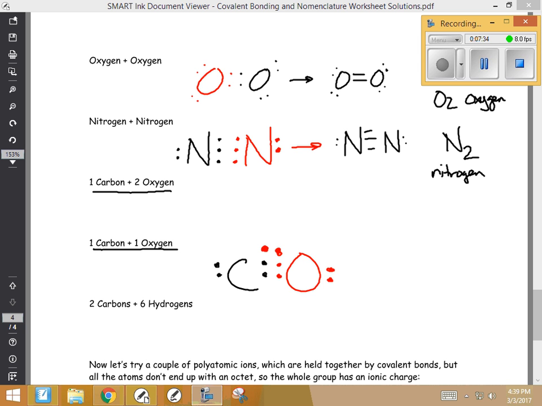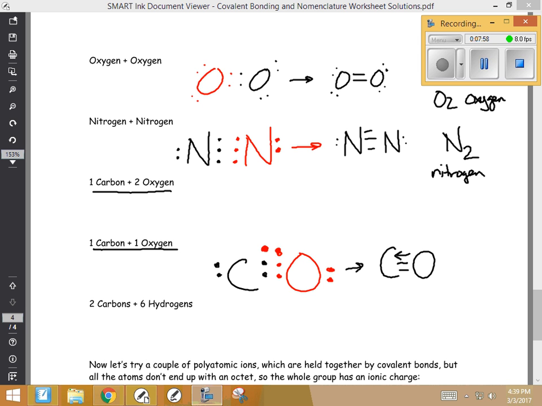This is actually a triple bond. You can see it because there are 3 pair. Does carbon have 8 electrons? Yes, it satisfies the octet, and so does oxygen. The way this looks when we draw it, C and O, 2 bonds, and then this one is shown as an arrow, meaning it's a coordinate bond.